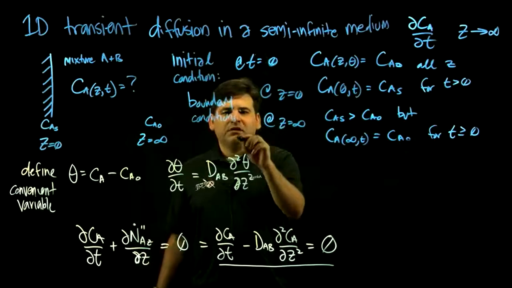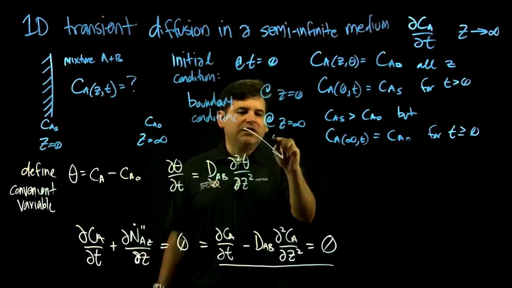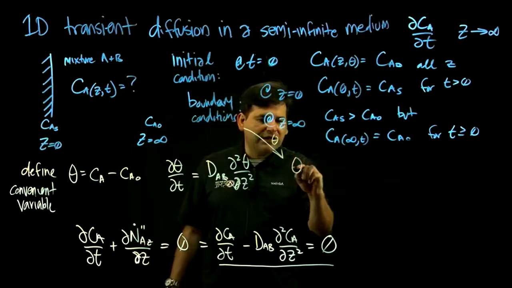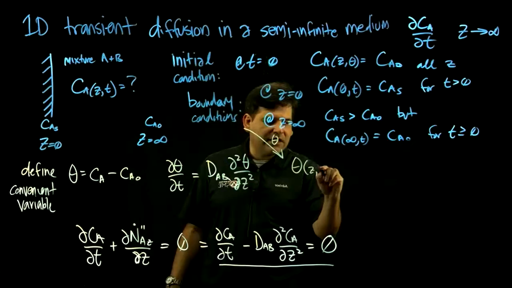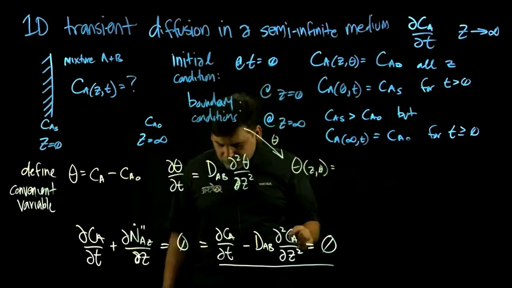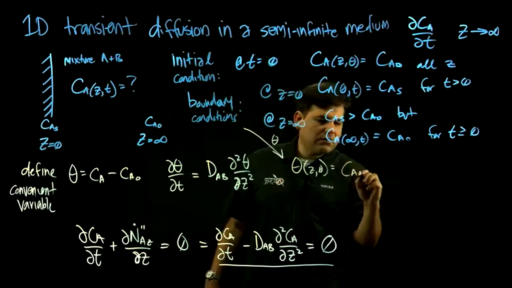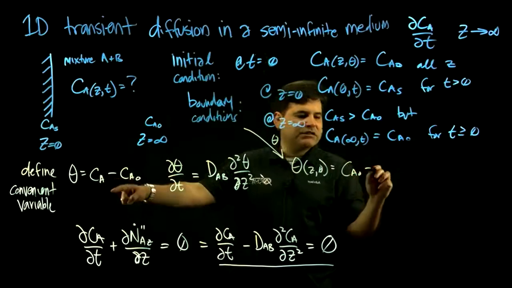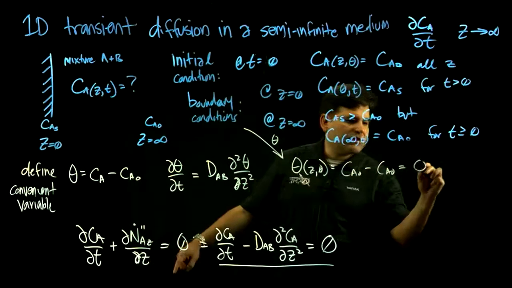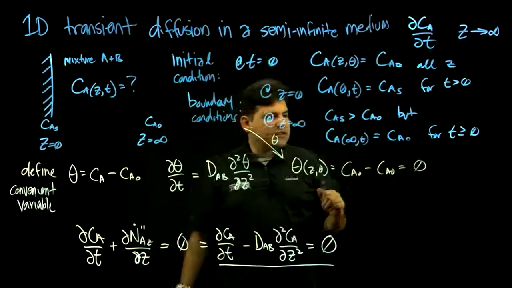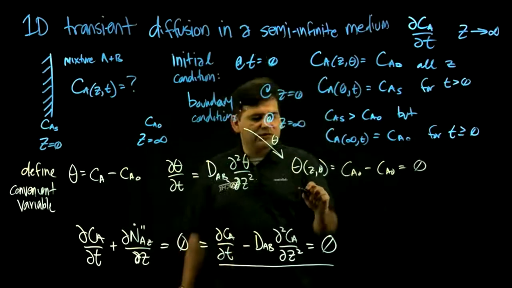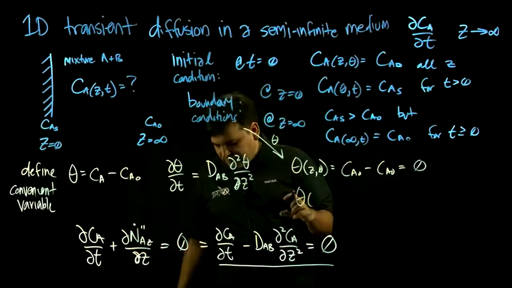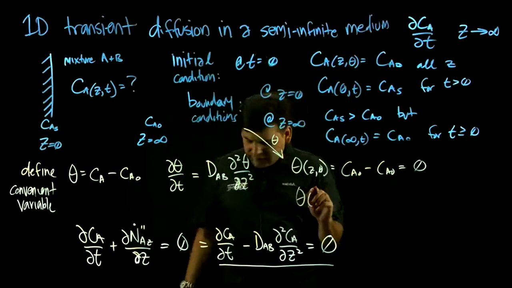So in terms of phi, you can say now that theta at z and time equals 0 equals, you just plug in that concentration at 0, which is Ca0 minus Ca0, which gives you theta equals 0 now, because we shifted it in terms of this formulation.